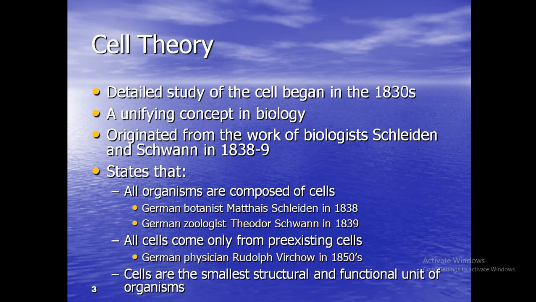This cell theory originated mainly from the work of the biologists Schleiden and Schwann, in 1838 to 39. These two cytologists, cell biologists, Schleiden and Schwann, proposed this cell theory.